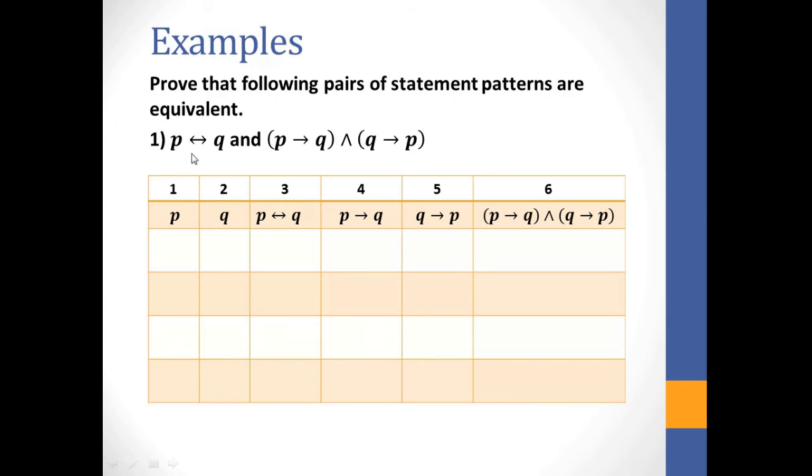Now for the second statement pattern we require P implies Q, then Q implies P, and then the last one. So we have to focus on column number 3 and column number 6. Column number 3 is for the first statement pattern and column number 6 is for the second statement pattern. This is the joint truth table for both statement patterns, remember this.